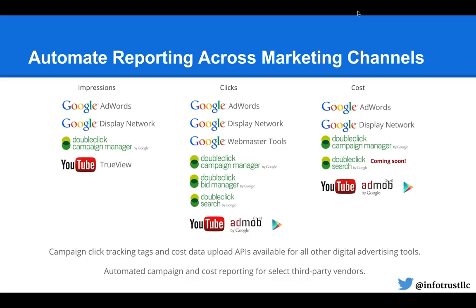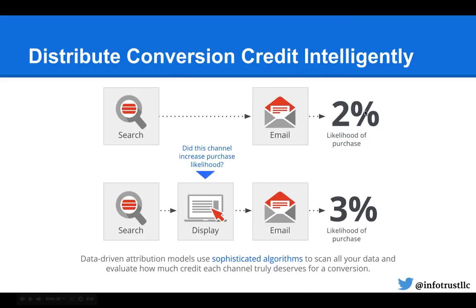This is really useful when you're trying to understand ROI around different marketing channels or what you're doing off-site that's bringing users to the site. So with pulling in, for example, cost data from these different channels, you'll automatically be able to see metrics calculated for return on advertising spend or return per click right there baked into Google Analytics. And eventually this will also power the data-driven attribution model to really give you more sophisticated optimization opportunities.